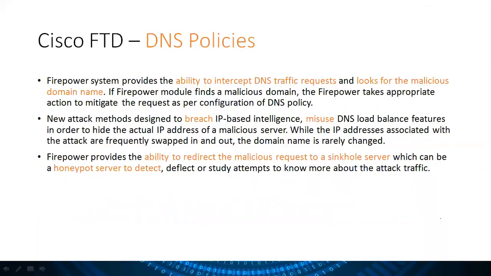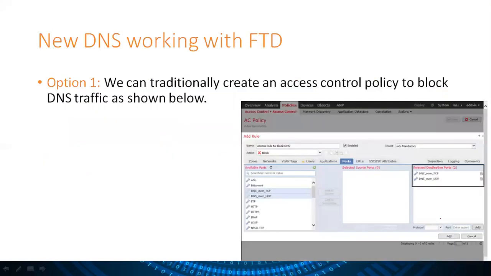And finally, the last point: if you have worked on Cisco FTDs, it also provides DNS-based policies, which have an ability to intercept the DNS-based traffic, look into the domain names and find out if the domain names are malicious or not.